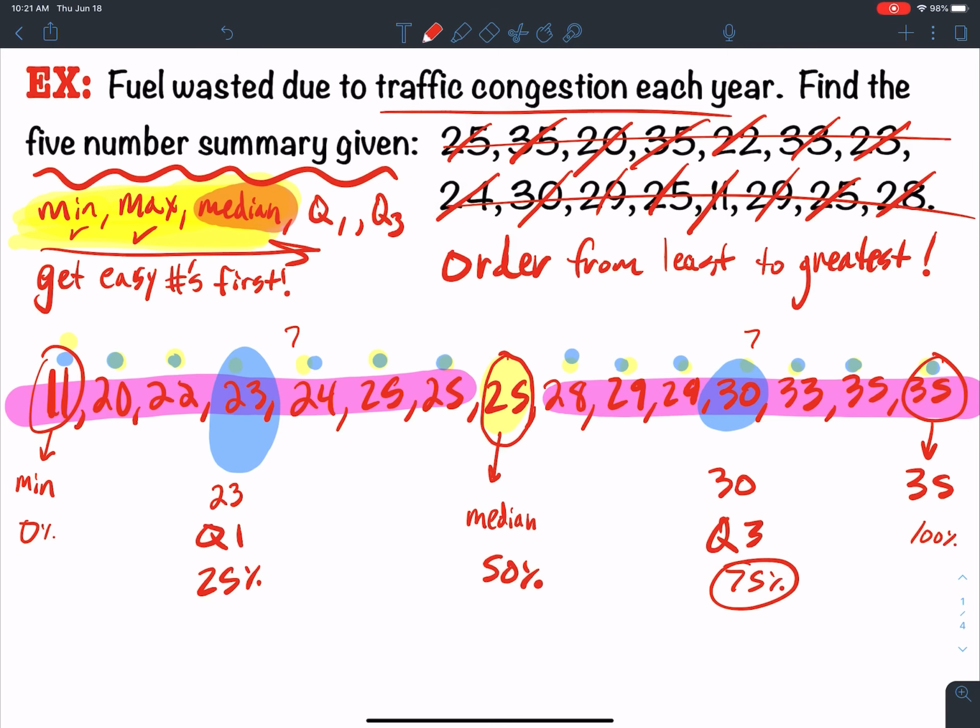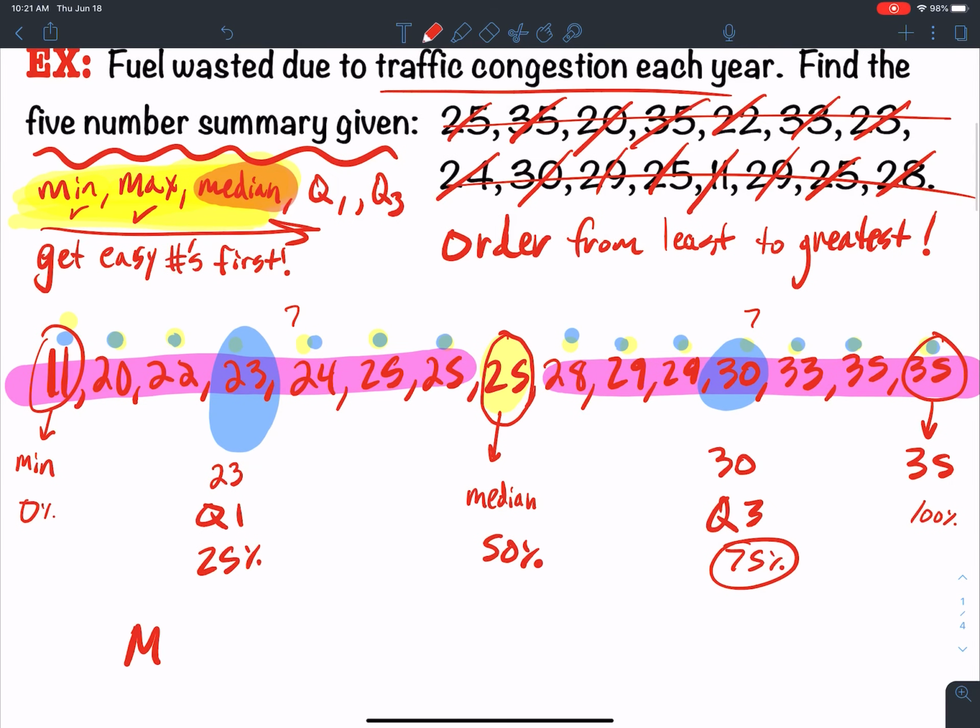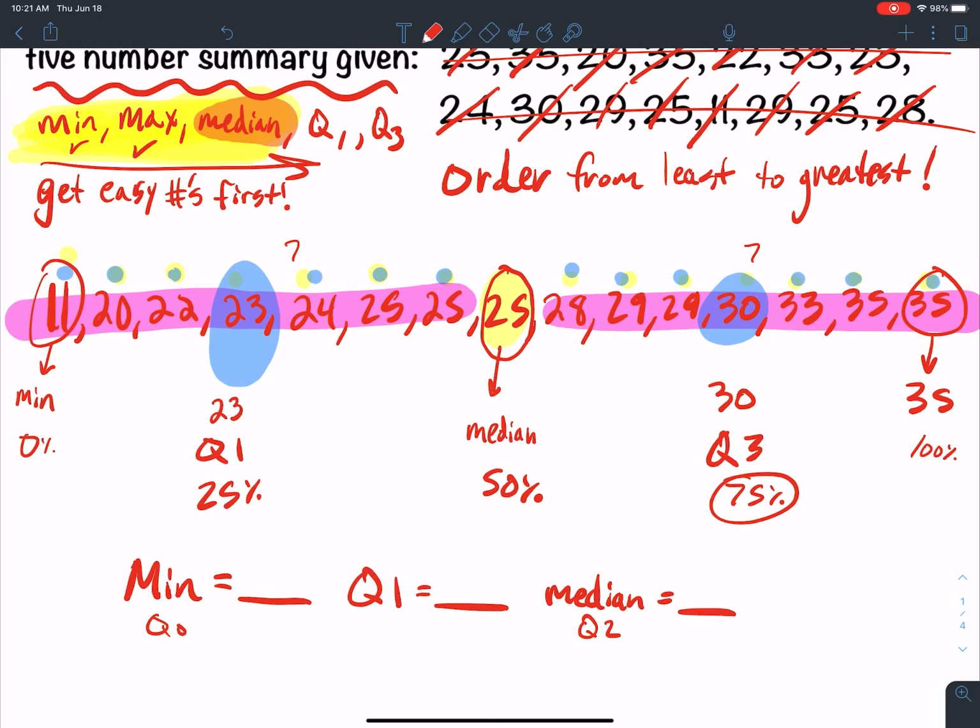Okay? So the 5-number summary, what they're looking for is they want you to write out min equals blank. Q1 equals blank. Median, which is also known as Q2, okay, and min is Q0. This is equal to blank.